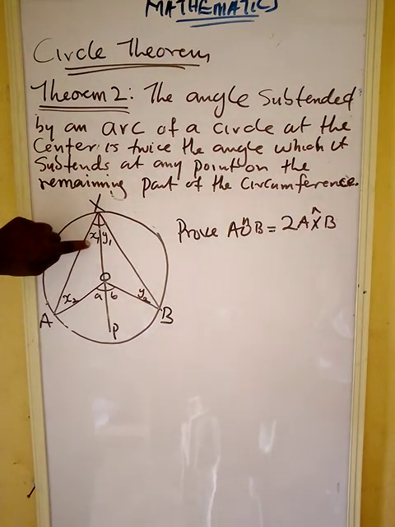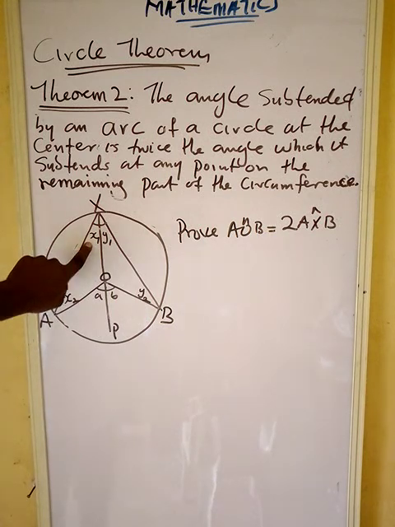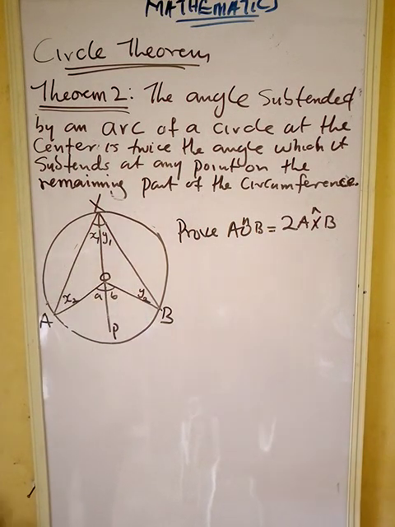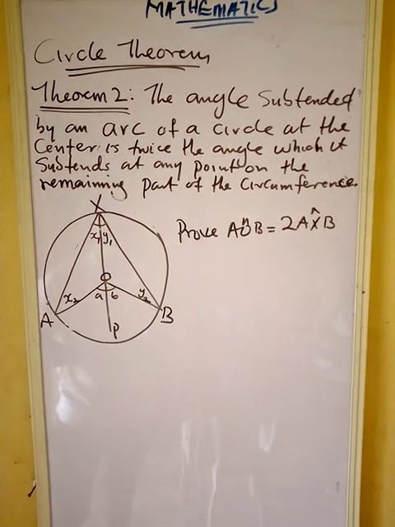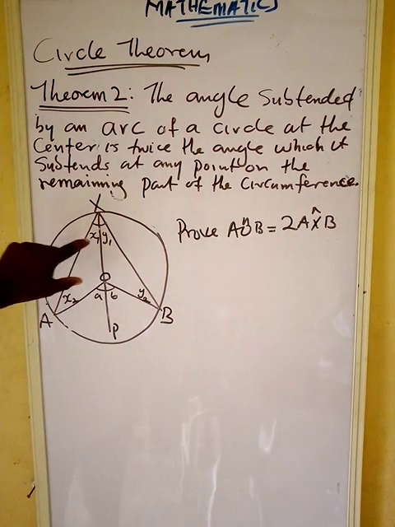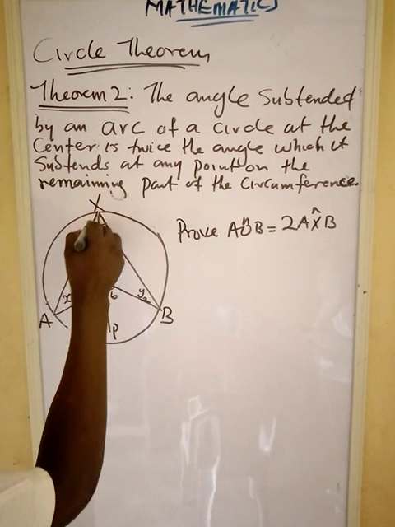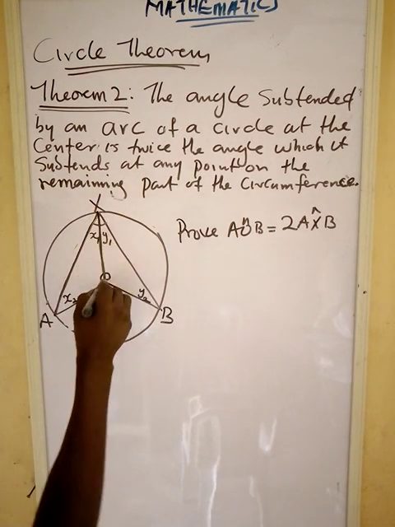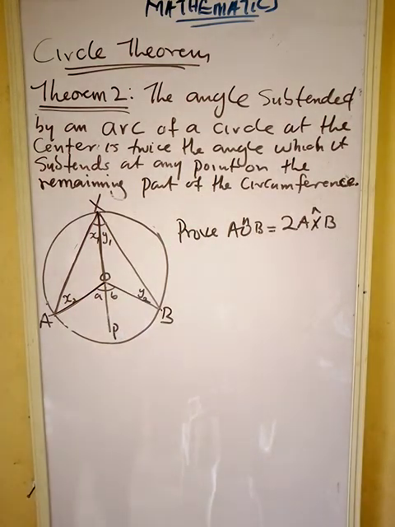So we have x1, x2, y1, y2, and this is an isosceles triangle. We have two isosceles triangles. An isosceles triangle is a triangle with two equal sides.